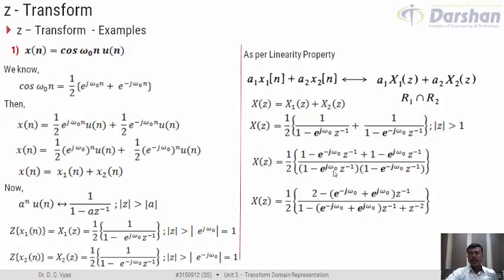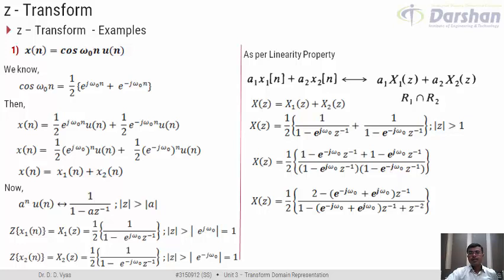Similarly, if we try to multiply two terms in the denominator, we would get some term like this. 1 into 1 is 1, 1 into e raised to power minus j omega 0 z inverse would give you this term, 1 into e raised to power j omega 0 z inverse would give you this term, and e raised to power j omega 0 z inverse and e raised to power minus j omega 0 z inverse would primarily give you z raised to power minus 2. The reason is e raised to power j omega 0 and e raised to power minus j omega 0 would cancel one another.